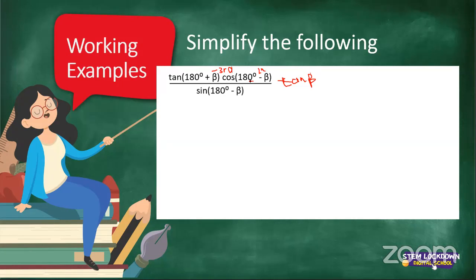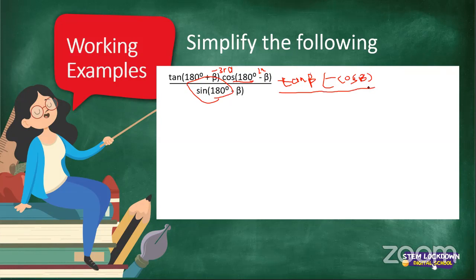So it becomes negative cos beta. Yes, something like that.